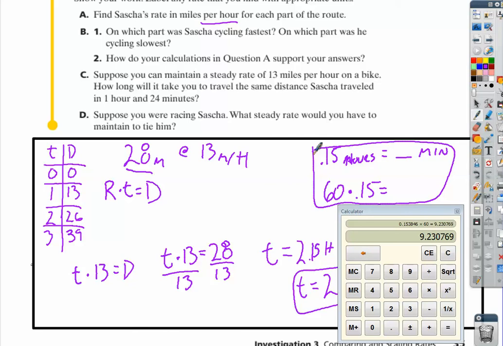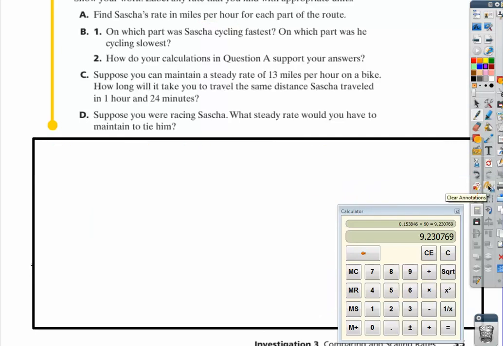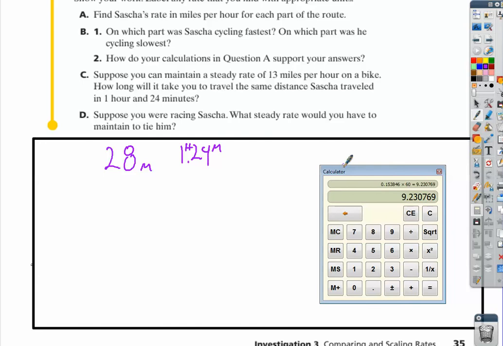So question D, suppose you're racing him. So he went 28 miles in 1 hour, 24 minutes. Well, we need to find our answer in miles per hour, right? This is hours and minutes, so I need to convert this into just plain hours.